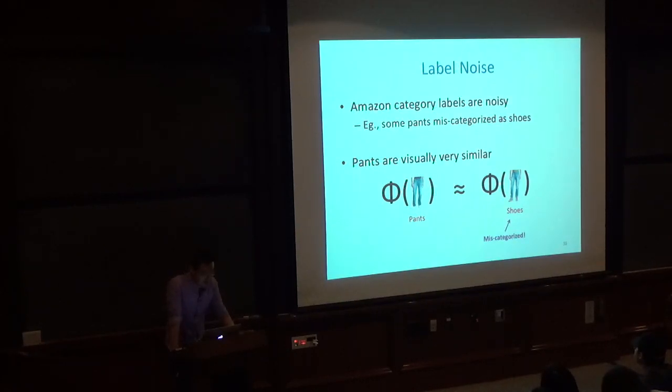No matter how you slice it, the embeddings of these two are going to be similar no matter how you create that loss objective, just because they're visually very similar. So what does that mean? That means that if this is my query, this will be the shoe that I recommend. So this is something we have to deal with for this particular application.